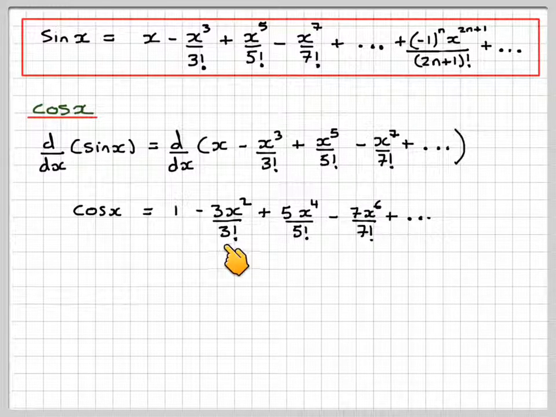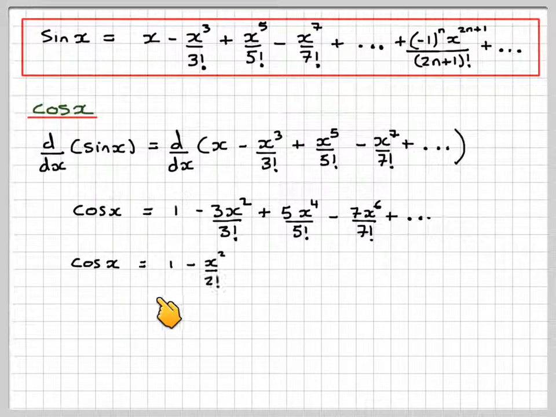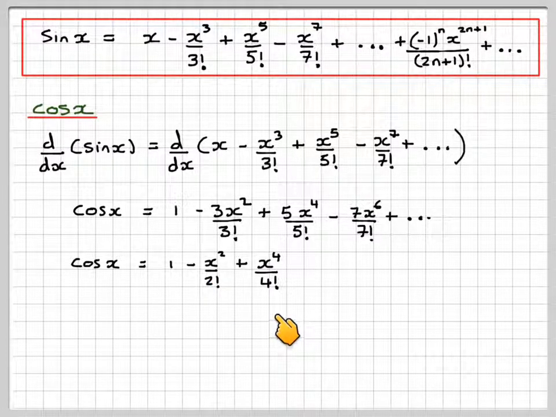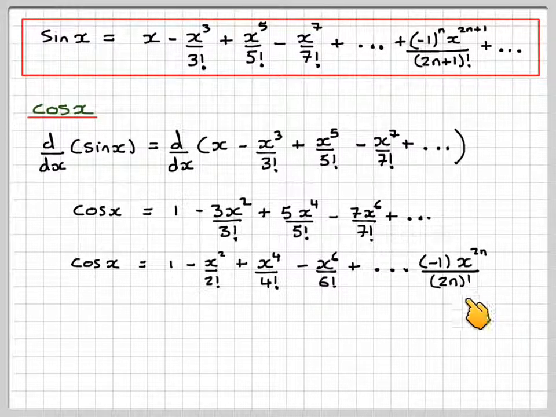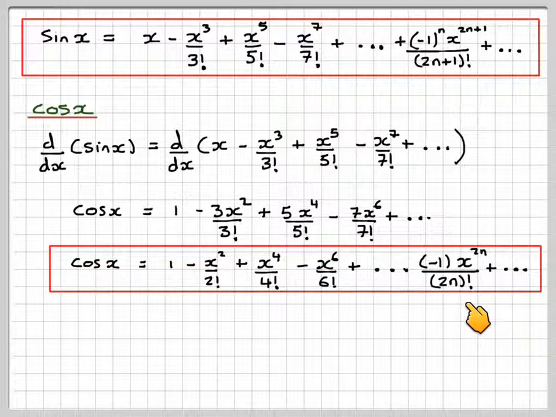Now, 3 factorial is 1 times 2 times 3. If you've got the 3, it will cancel, so this will become 2 factorial, this will become 4 factorial, this will become 6 factorial. So cos x will be 1 minus x squared over 2 factorial plus x to the 4th over 4 factorial minus x to the 6th over 6 factorial, etc. And this is the general term, starting with n equal to 0.